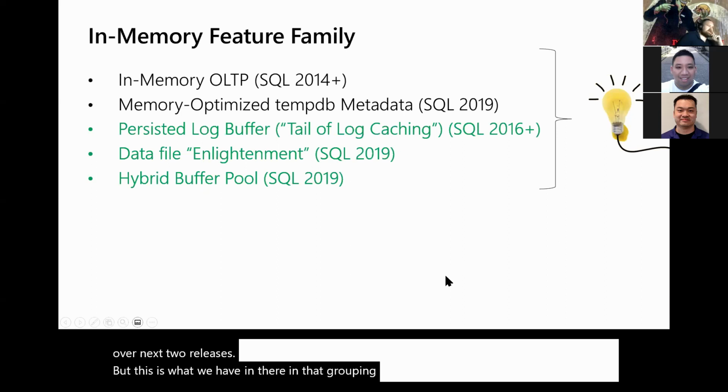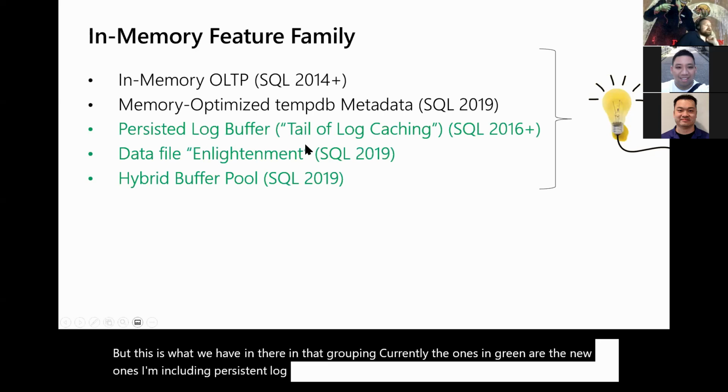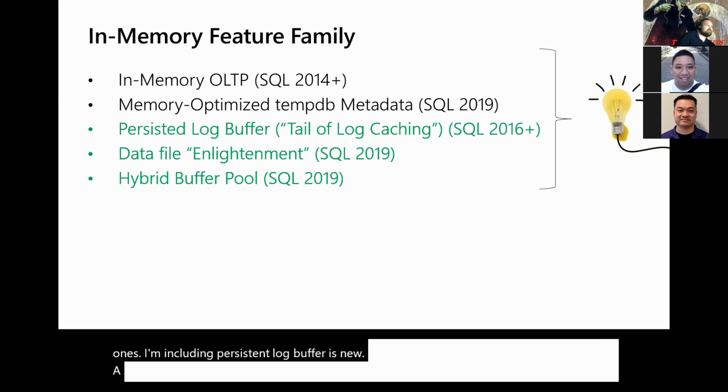The ones in green are the new ones. I'm including persistent log buffer as new, because A, it wasn't documented before, and B, because we brought it to SQL on Linux as well.